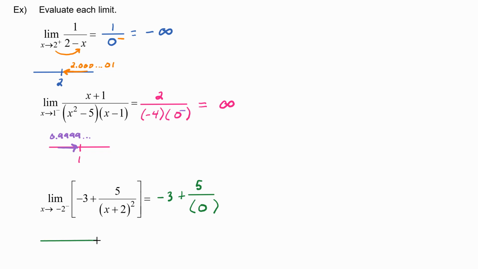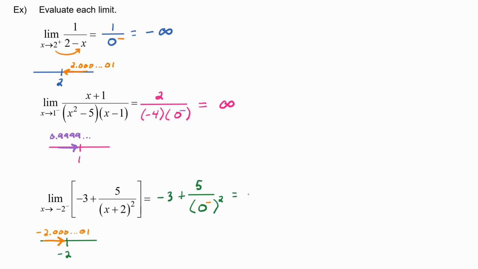So let's make a number line, put -2 on there. We know that we are coming into -2 from the left, so we have to think -2.000001. Now if we take that number, plug it in for x, then this quantity becomes a tiny little negative, which we have to square.